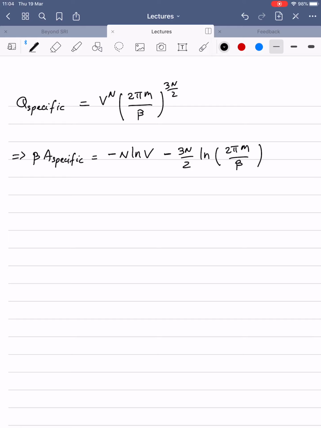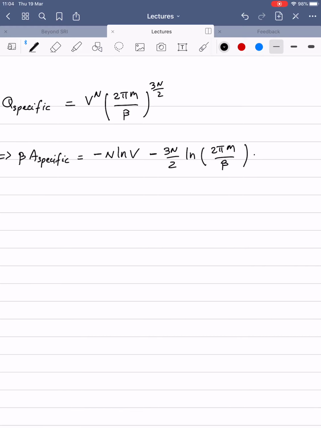And that's it. Now I can reformulate it in a different form. It does not really make any difference. But sorry, I forgot the h. I was about to forget the h. So plus 3N log of h.